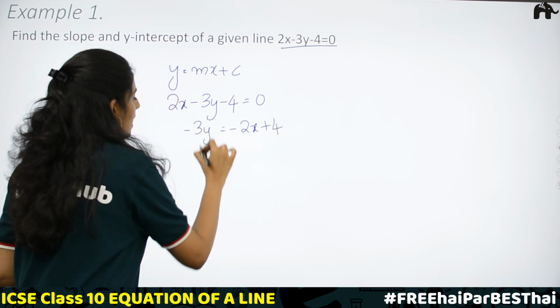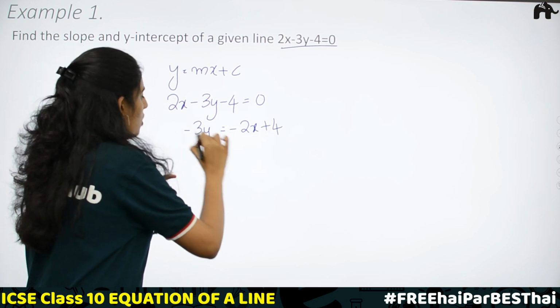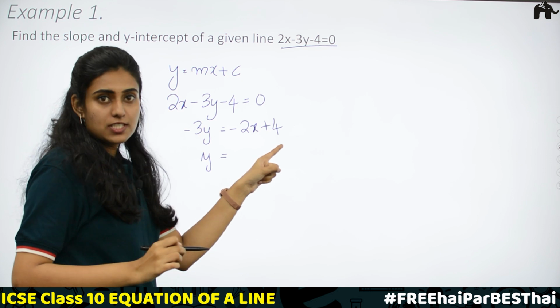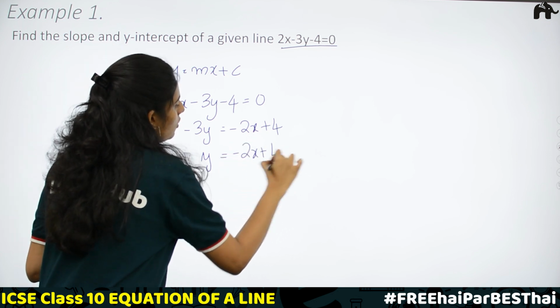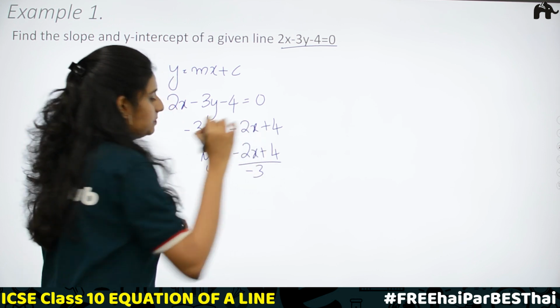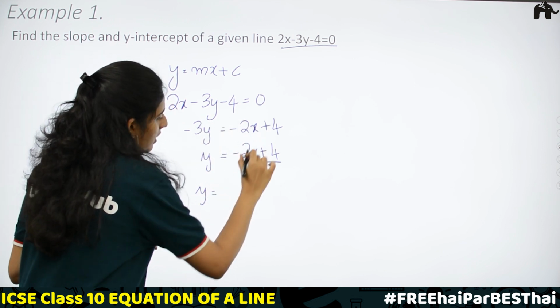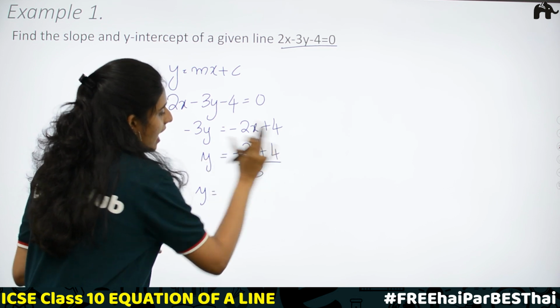Now, y is equal to, we are going to divide throughout by this minus 3. Here it is multiplication. When it goes to the opposite side, it becomes division. Minus 2x plus 4 divided by minus 3. That is y is equal to, here I am distributing this minus 3 to minus 2x and 4.